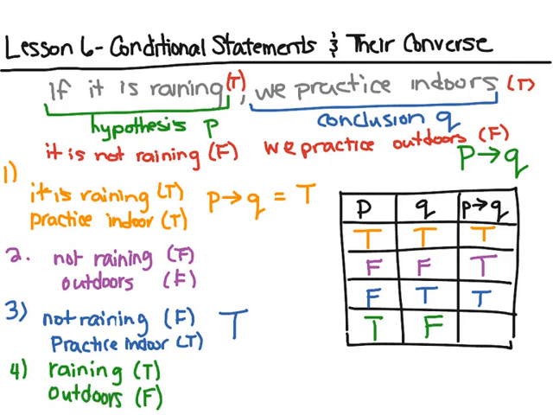And because we know that when it's raining, you can't practice outdoors, because that goes against what our coach has said, this time it will be false. So if you start with something that's true and end with something that's false, you will have a false statement altogether. So true, true, true; false, false, true; false, true, true; true, false, false. Seems really strange. But that is how logic works. That's how we go with our conditional statements.